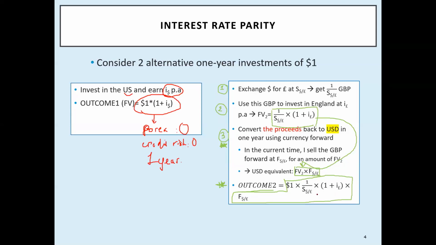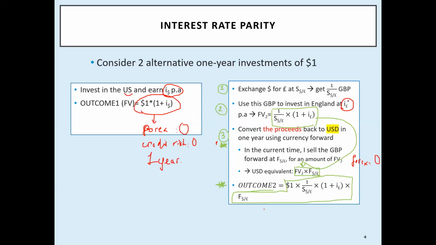With the second investment, now as we mentioned before, after step 3, we essentially remove any foreign exchange rate risk, right? So that for the second investment, my foreign exchange rate risk is also 0. Let's look at the credit risk, okay? So in this case, I'm investing in the risk-free rate in England. So i_UK here, I wrote it wrong, it should be i_UK.